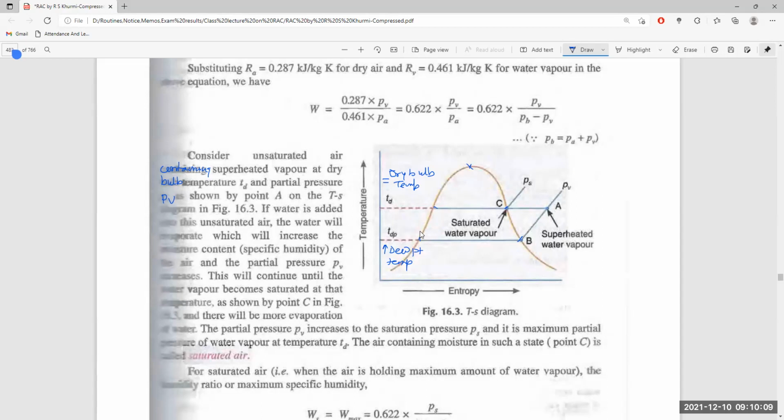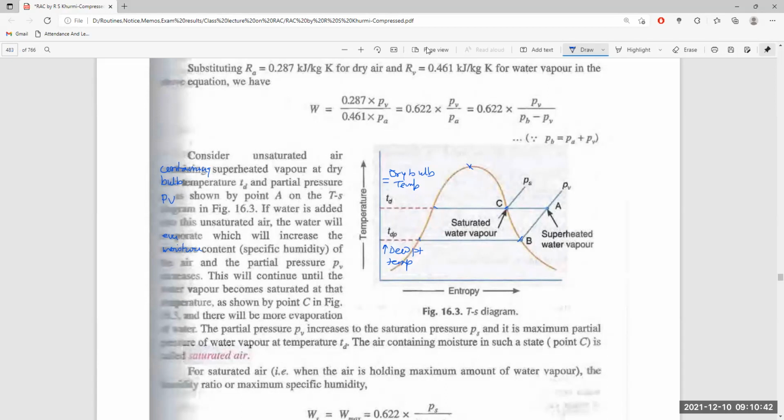Now, if water is added to unsaturated air, the water will evaporate, which will increase the moisture content. If we add further water, it will start evaporating because the surrounding vapor is in a superheated state, and this increases the moisture content or specific humidity of the air, meaning the amount of moisture present per kg of air.